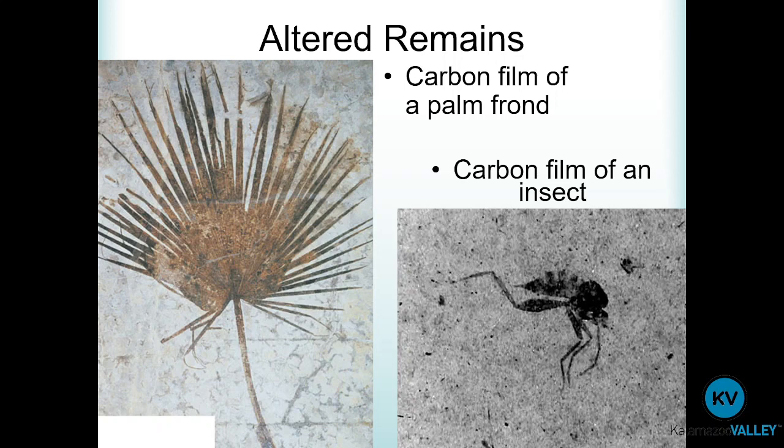I think it might be a mosquito, I'm not sure, but left behind from that organic material. So it's like a carbon smudge, and this would be an altered remain because the structure doesn't remain, neither does any of the other lipids or proteins, amino acids, just the carbon left behind from that living organism.